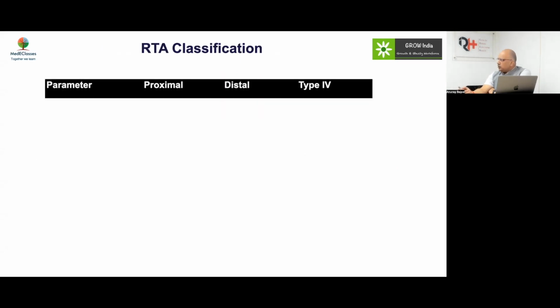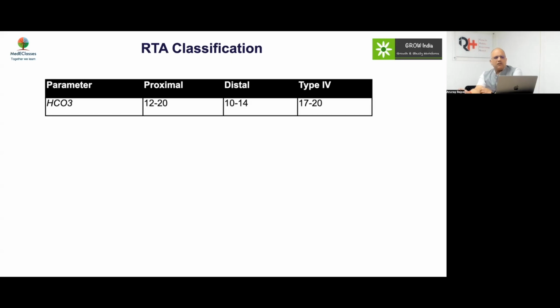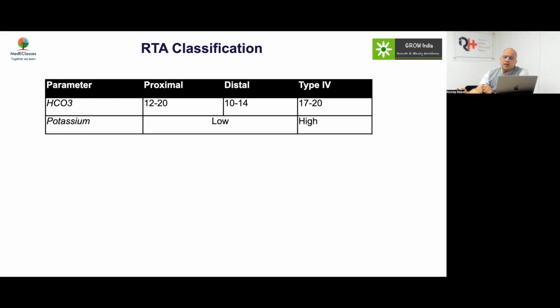Now, based upon these things, we can classify into different forms of RTA. So bicarbonate, typically, if it's very severely affected, this is more likely to be distal. Mildest is type 4 and proximal is slightly in between. Potassium is pretty much low, but if it's very severely low, I'll think this more like a distal RTA. While on treatment, if it becomes low, it's proximal RTA.